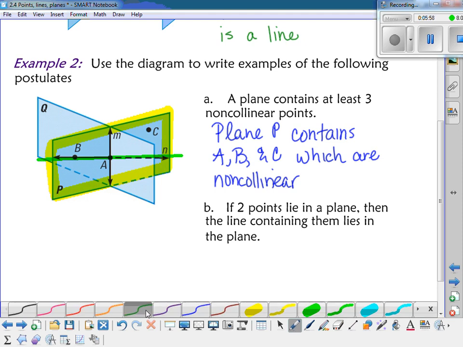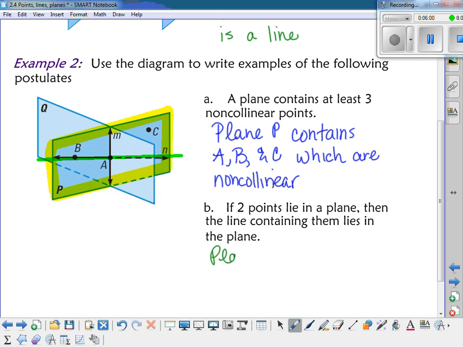So what I would write is that plane P contains A, B, and line AB. So that would be a specific example from the figure which supports that postulate.